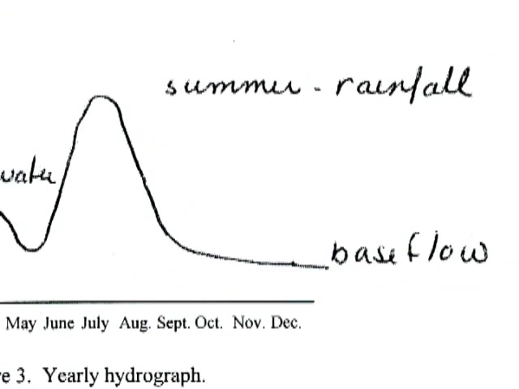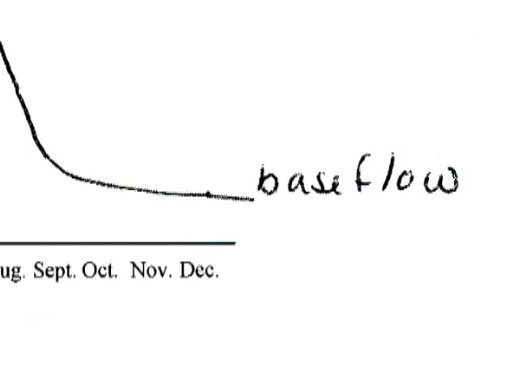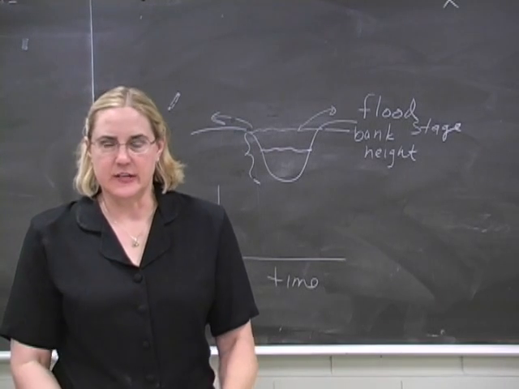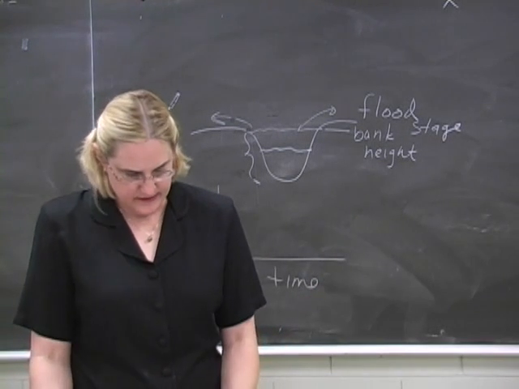And then usually the summer months have a lot more rain on average, so the discharge is higher. And then again, in the winter and fall, we have less rainfall. And the lowest point on the hydrograph is typically called the base flow. And remember, before, base flow is essentially just groundwater flow into the stream.